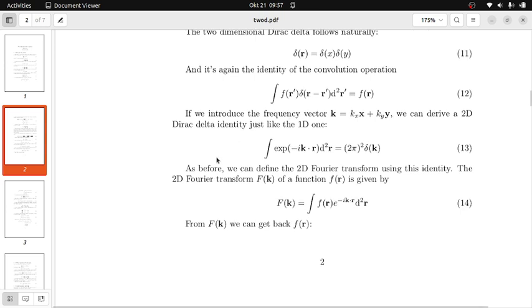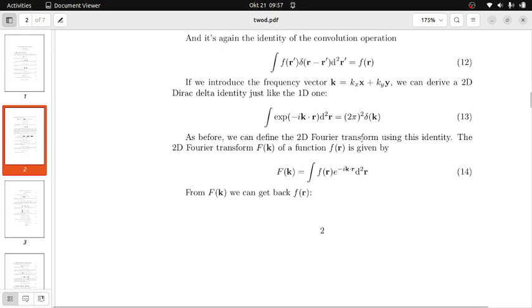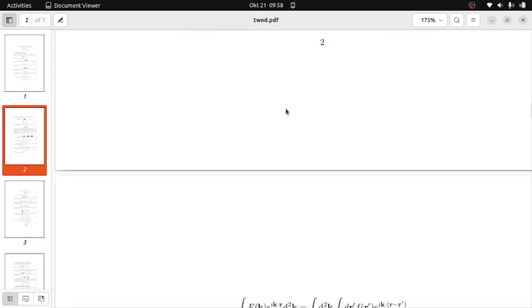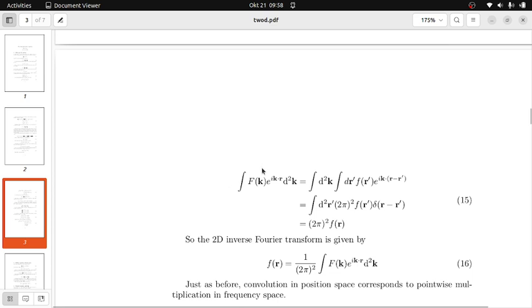And so, just as before, we can define the 2D Fourier transform, and this is F of k equals the integral of f(r) e to the minus i k dot r d squared r, right? And from this frequency function, we can get back the position one.